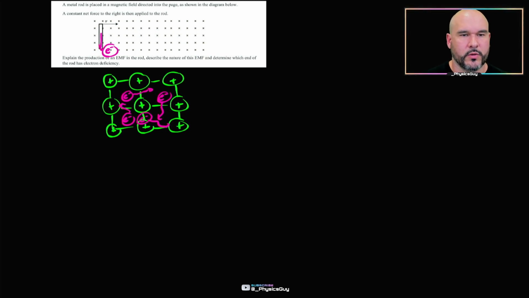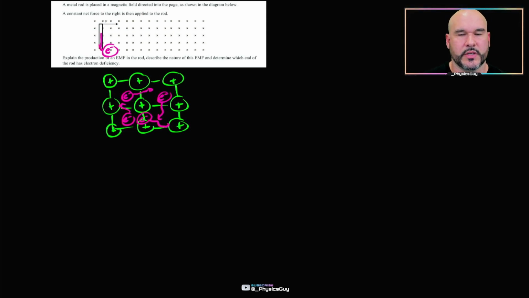There's no charge build up, or no net charge, I should say, at any point on the rod. It's perfectly homogeneous. All the positive metal ions are uniformly distributed. All this sea of delocalized electrons is uniformly distributed. As a result, there is no net charge anywhere on the rod. So again, everywhere on the rod is entirely neutral.